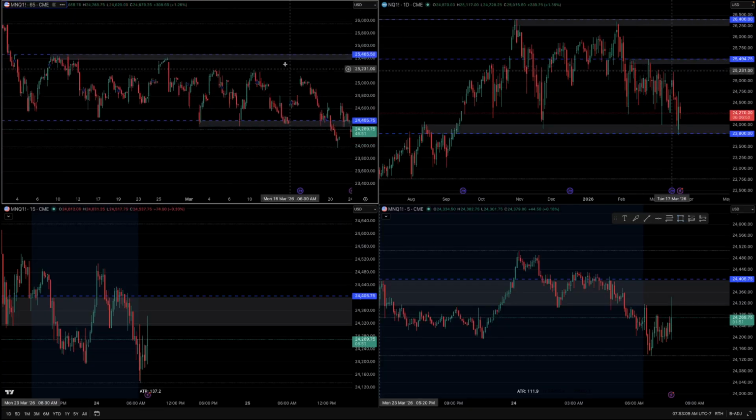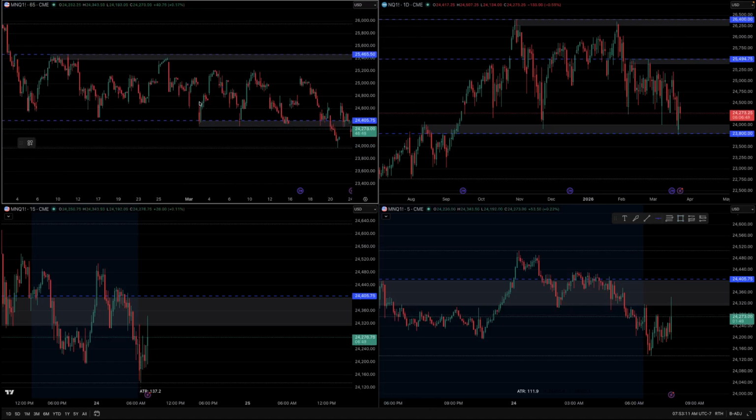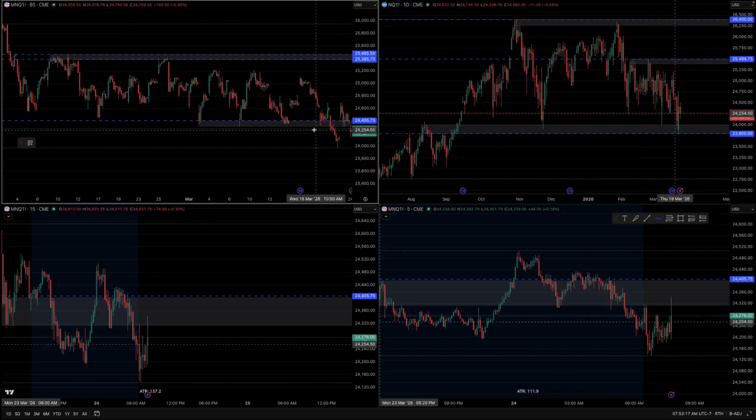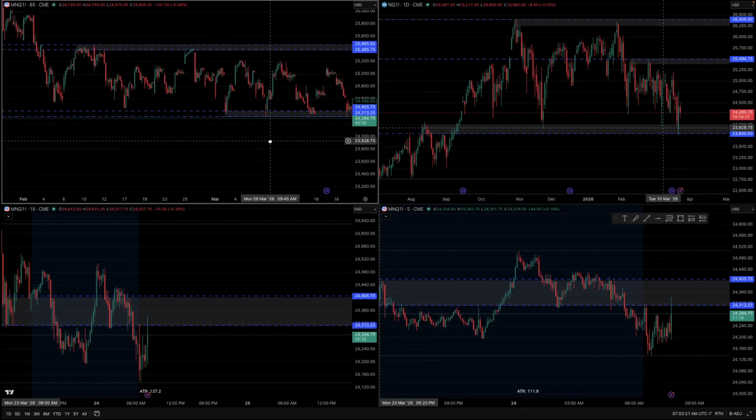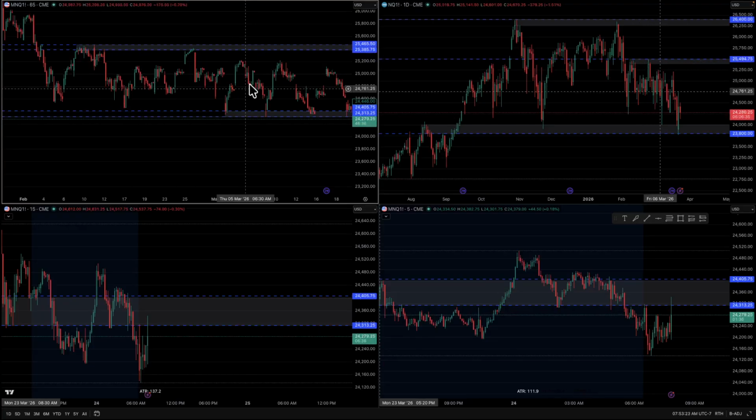We're going to add another level and zone here so you guys can really see exactly where these levels, zones, and structure are at. 25,385, 25,465 or so, and then prior lows, the candle bodies. This is what I would have been looking at for this prior month to really act as support and resistance.